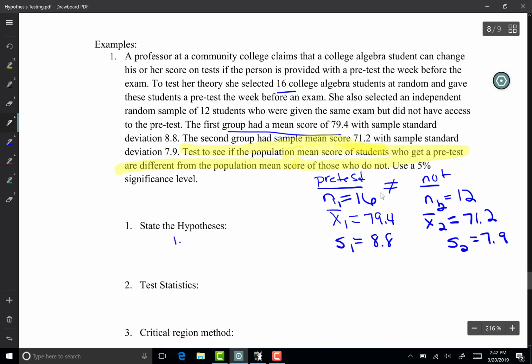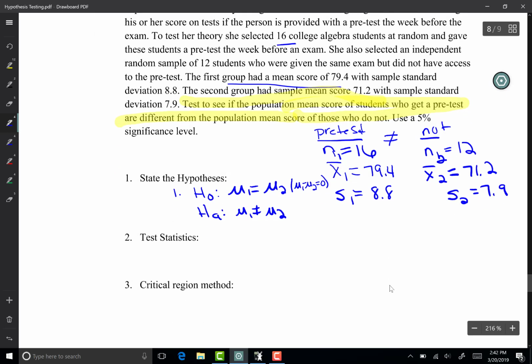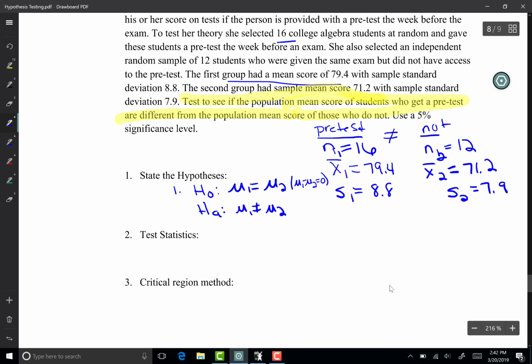So let's state the null and alternative hypothesis. The alternative is what we're testing over here, that mu1 is not equal to mu2, and then of course the null is the complement of that. Now some books will write this mu1 equals mu2 as mu1 minus mu2 equals 0. Same thing though.